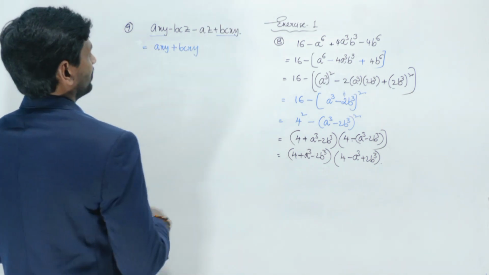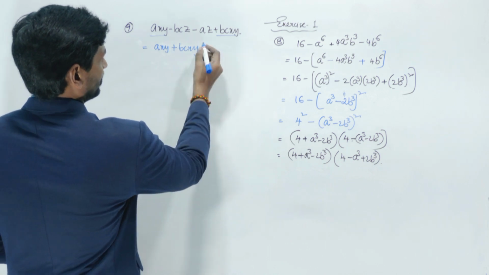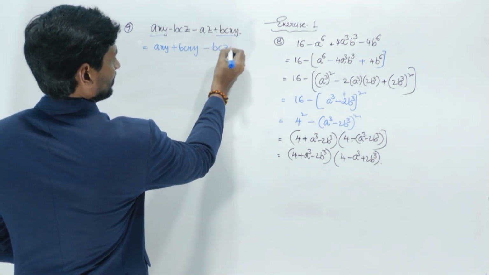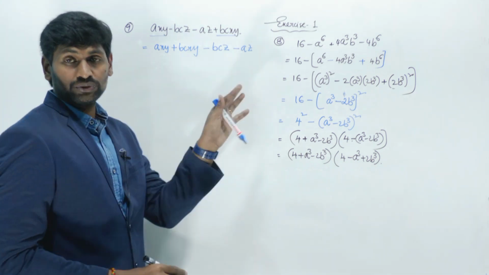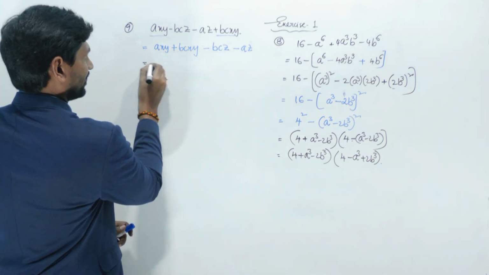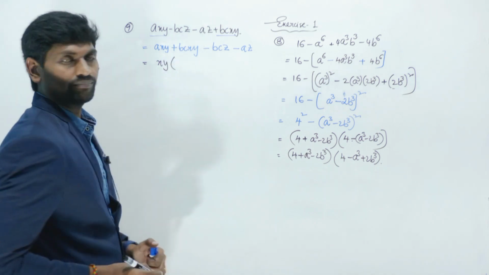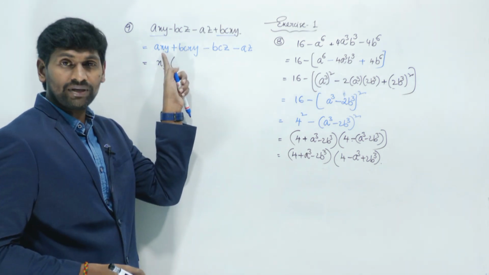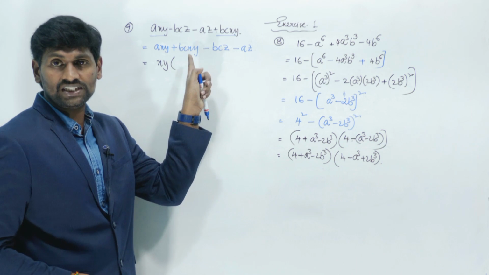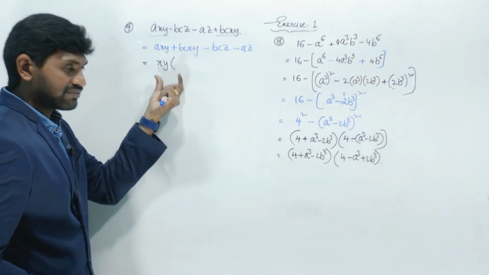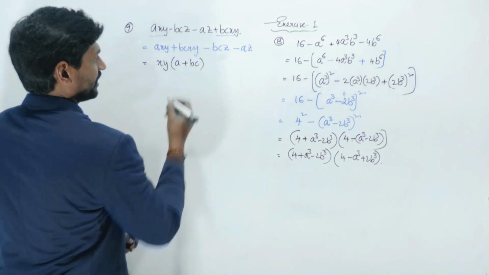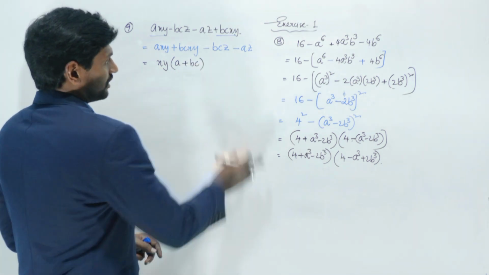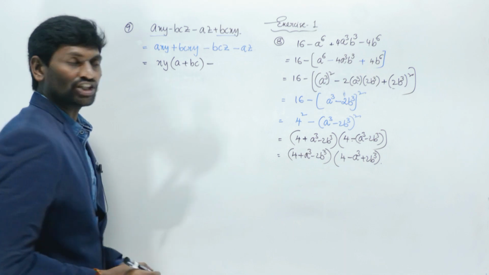Now the remaining second and third terms, BCZ minus AZ. From the first 2 terms, what is the common factor here? XY is a common factor. In the first term XY is available, in the second term also XY is available. So if XY is taken as a common factor, A plus BC is remaining. Now from the second 2 terms take minus and Z as a common factor.